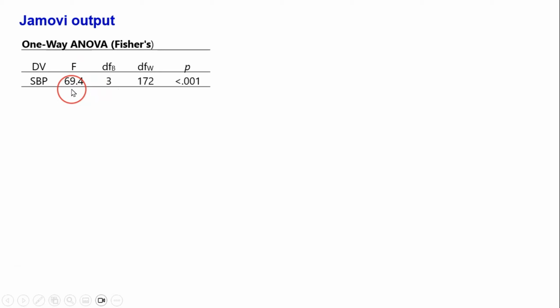So we have an F ratio of 69.4, and the probability of observing a value of 69.4 or greater, assuming that there's no differences in the means between any of the four groups, that probability is less than 1 in 1,000.